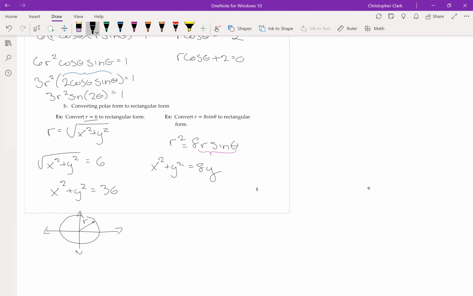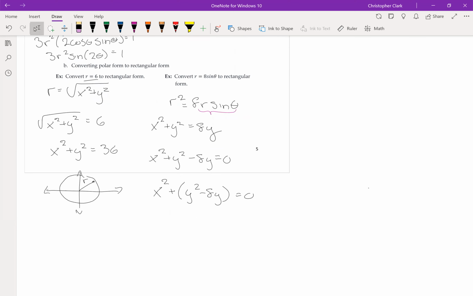So we can bring it over and we'll get x squared plus y squared minus 8y equals 0. So we'll rewrite this as x squared plus y squared minus 8y equals 0. Now here we're going to do something called completing the square.